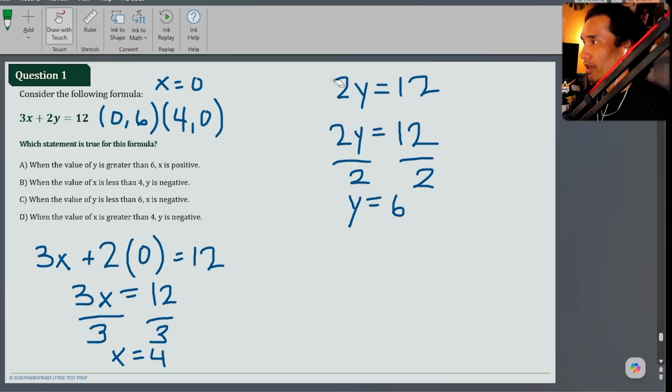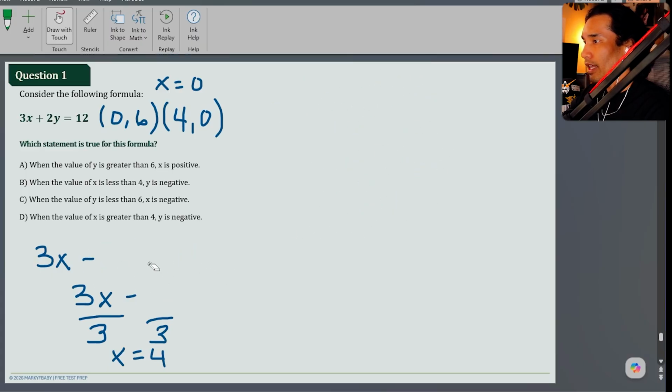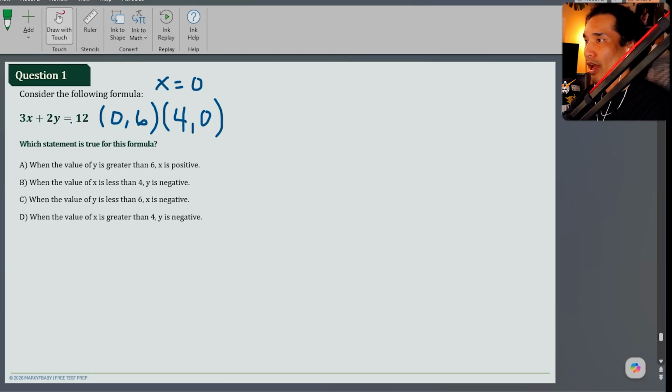I'm going to erase all this. Before I plot them, let's change the equation to y equals mx plus b just to make sure that we're getting the right slope. By doing this, we will also be able to verify our y-intercept, because b in y equals mx plus b is the y-intercept.